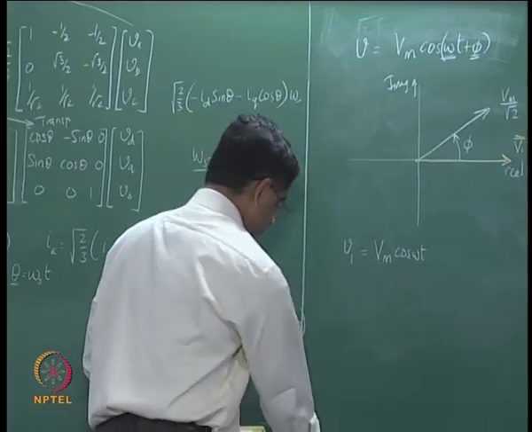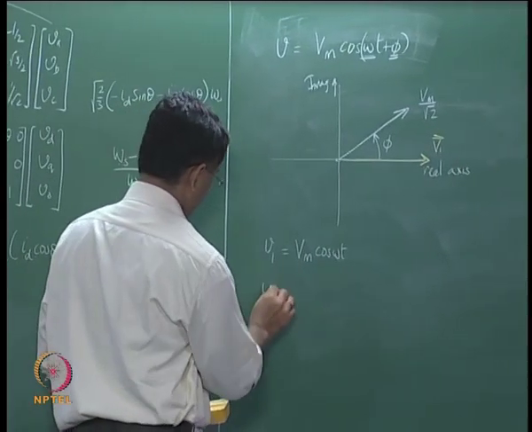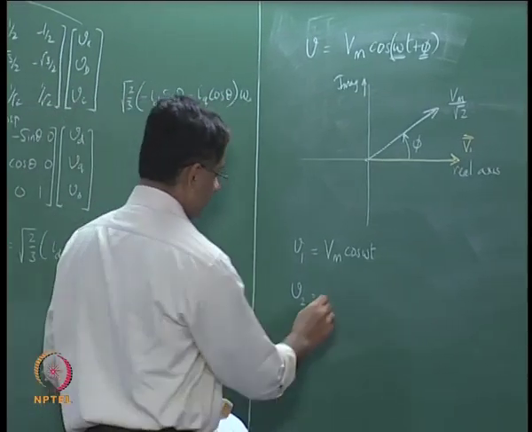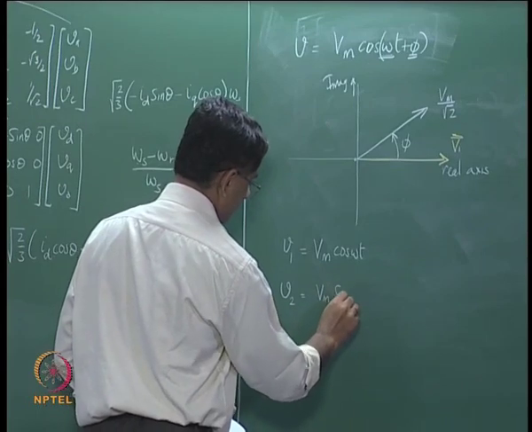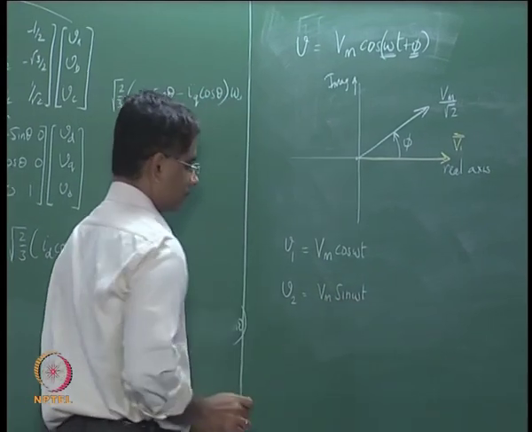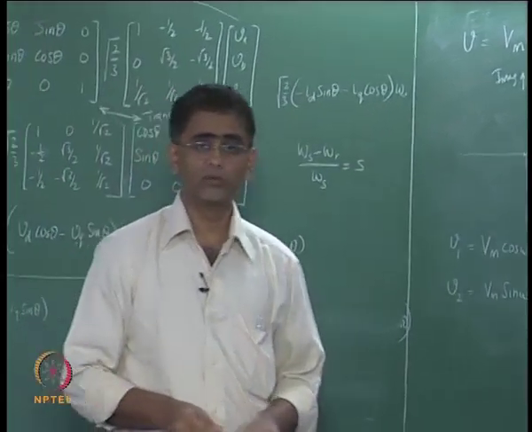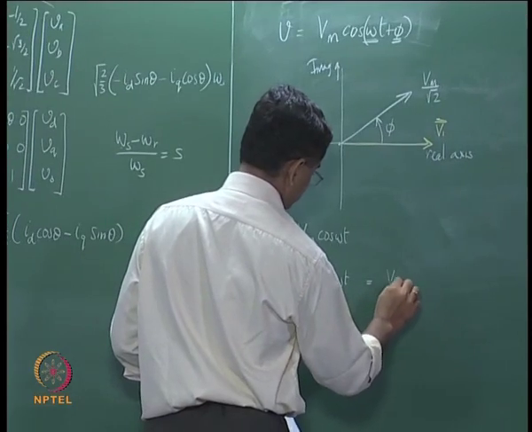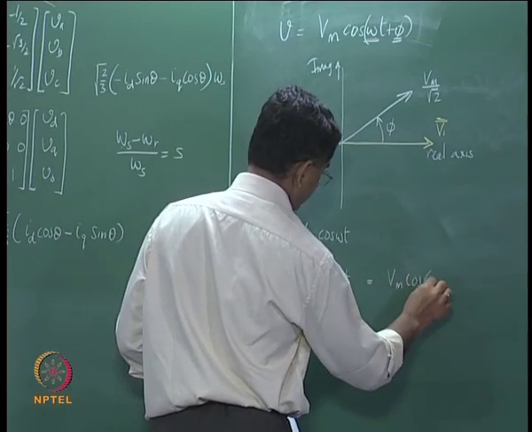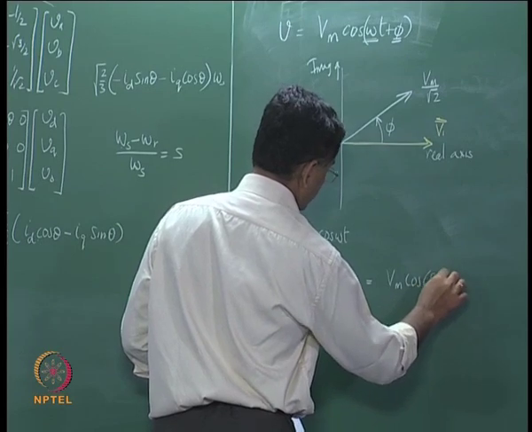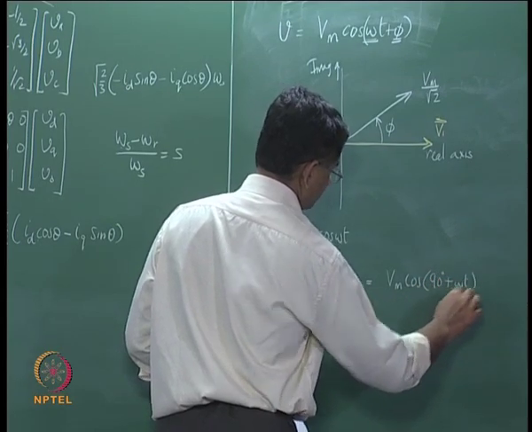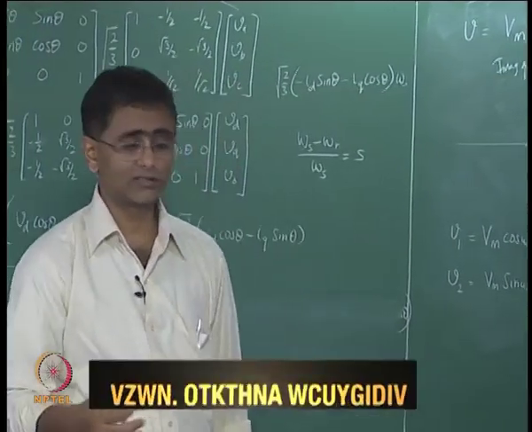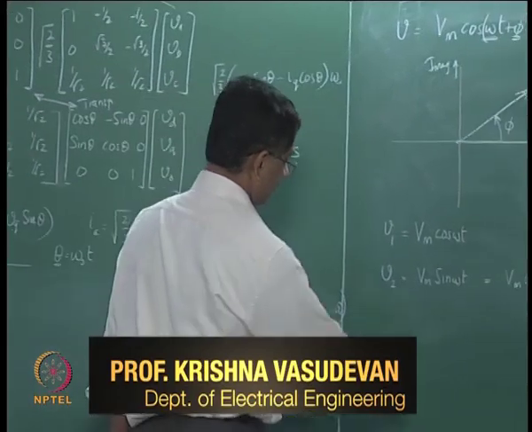Okay. Suppose you have another V2 and V2 is given by Vm into sin omega t. Where will this phasor be? So this can be written as Vm into cos of 90 degrees plus omega t, but cos of 90 plus omega t will give you minus of sin, and what we want is plus sin.